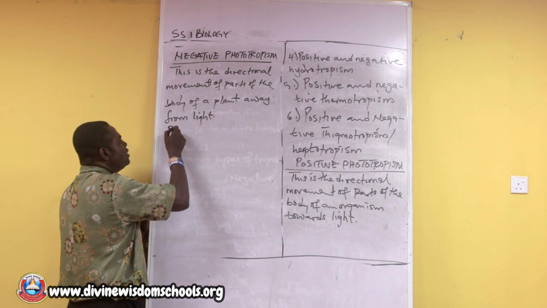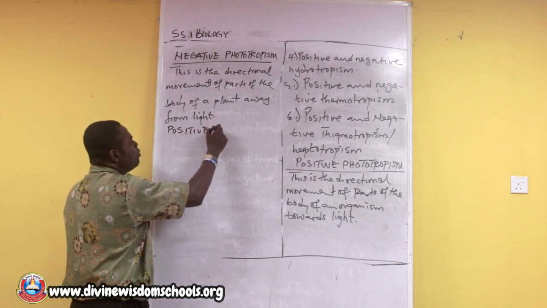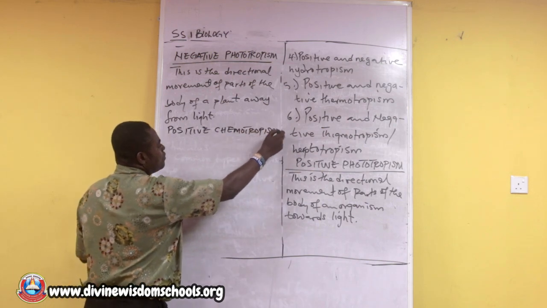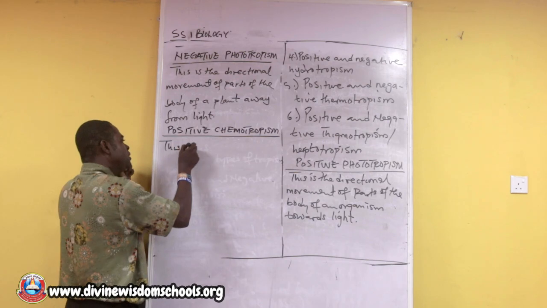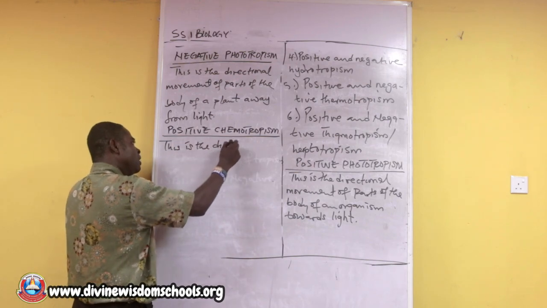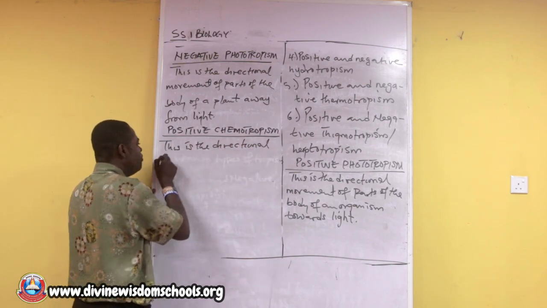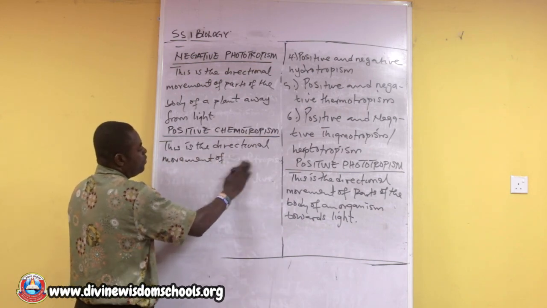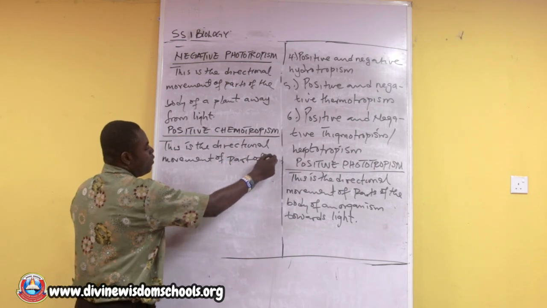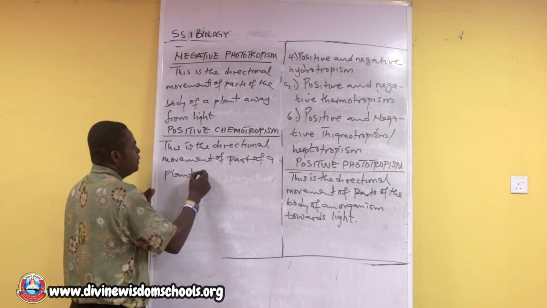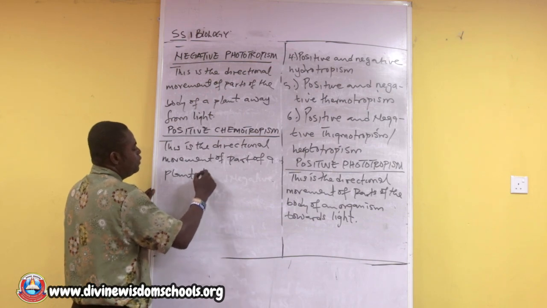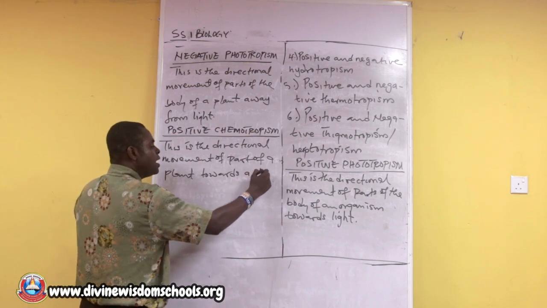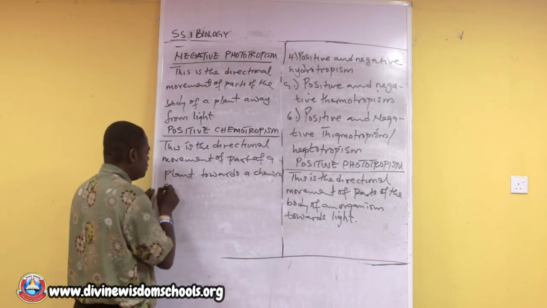So let's look at positive chemotropism. This is the directional movement of parts of a plant towards a chemical stimulus.